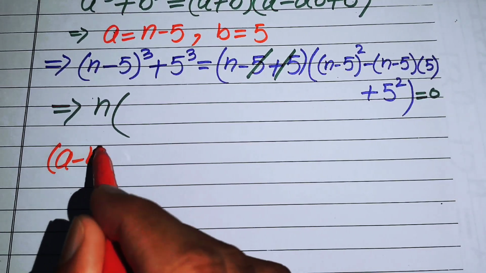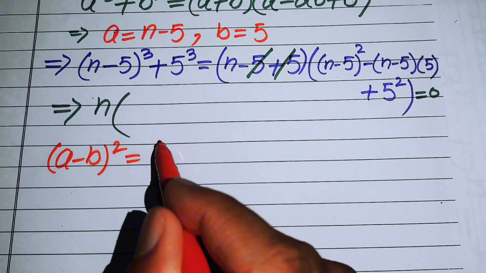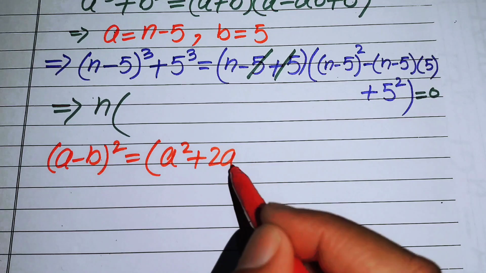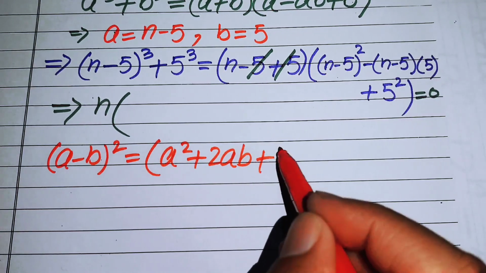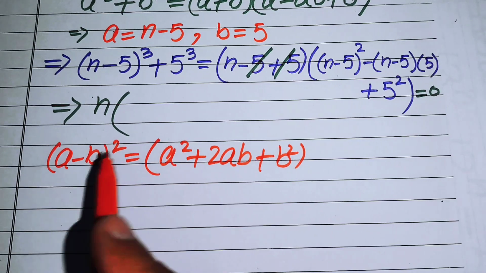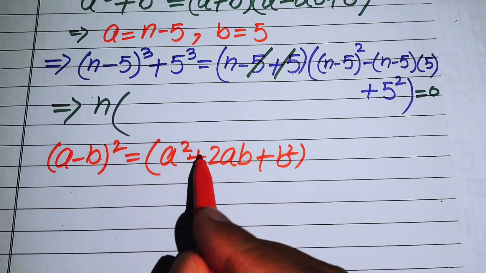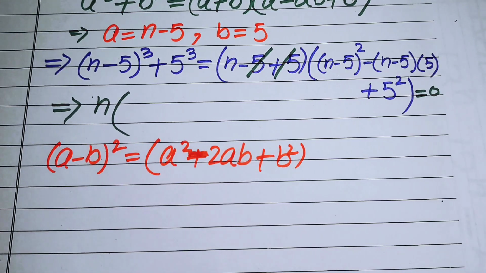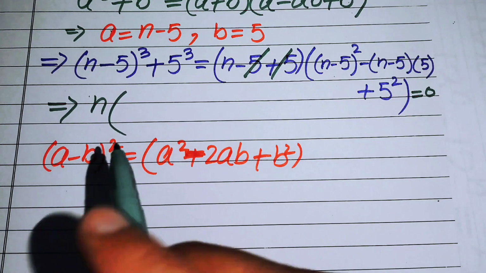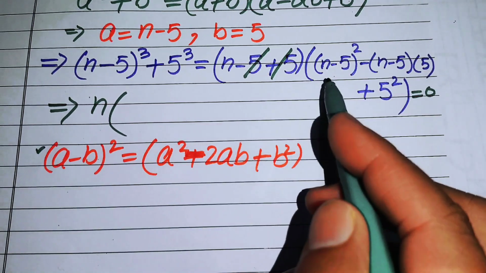If you have (a minus b) whole squared, it is equals to a squared minus 2 times ab plus b squared. So this is the formula. If you have minus sign, then this sign will become negative. So this is the square identity I can recall here.